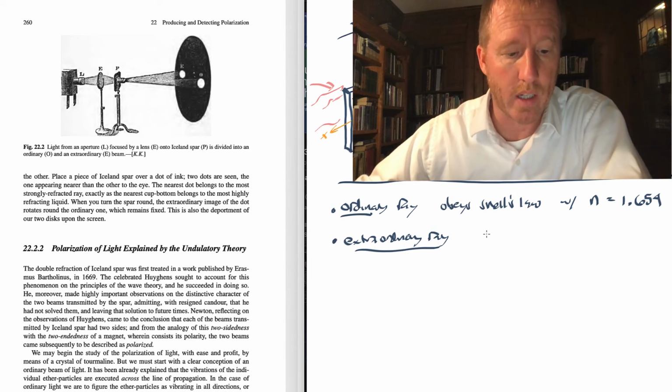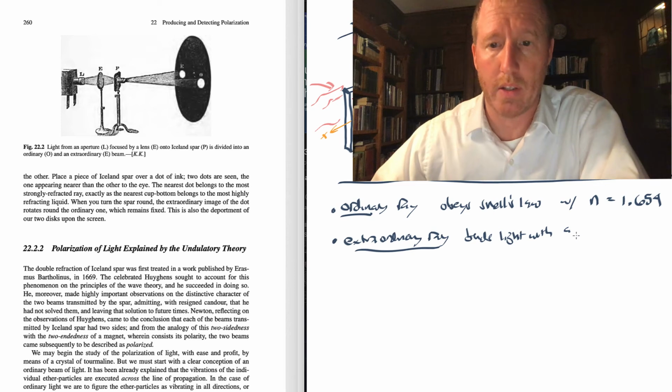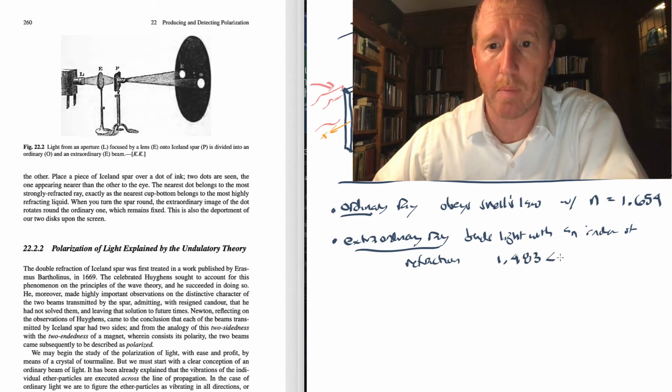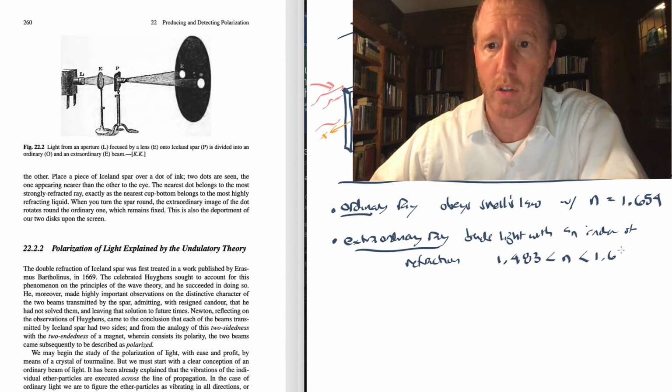And this one bends light with an index of refraction that varies between 1.483, he mentions, that's a lower bound, and the upper bound is 1.654.